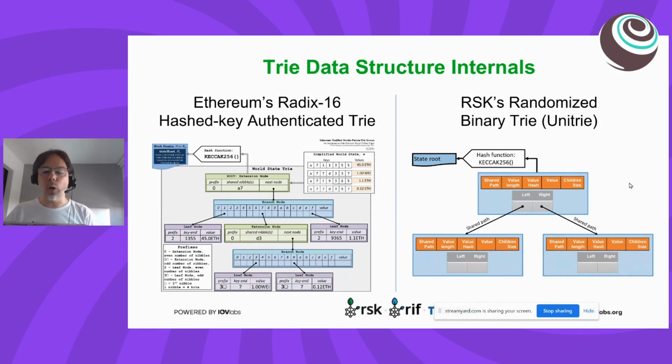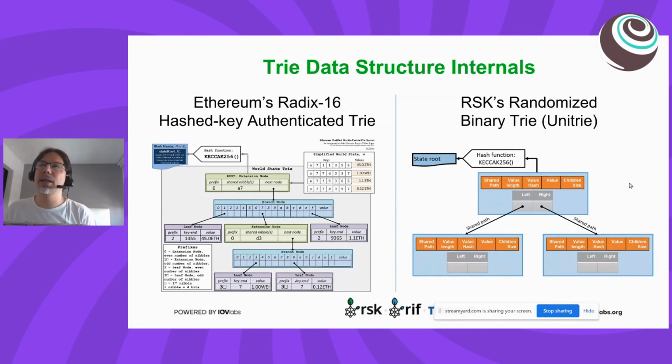So the whole trie structure is much simpler. In the case of Ethereum, it's a radix 16 trie with 3 kinds of nodes. And also, because it's radix 16, it's inefficient for stateless clients. In the case of RSK, it's much more efficient.